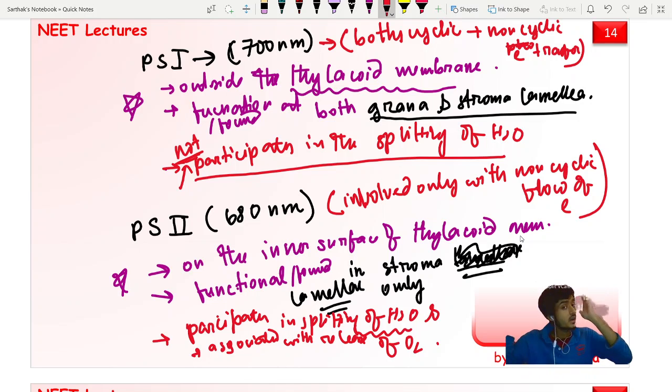But you have to ultimately remember these things, because they are very important and frequently asked in the exam. So don't forget to remember this chart.